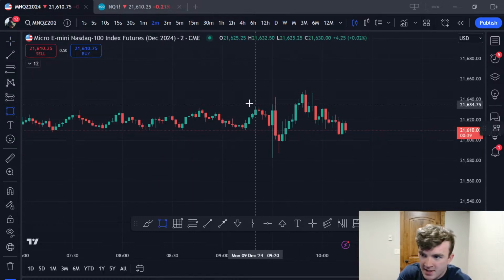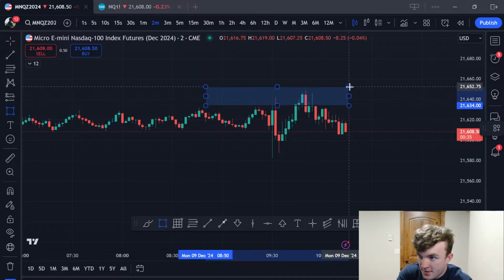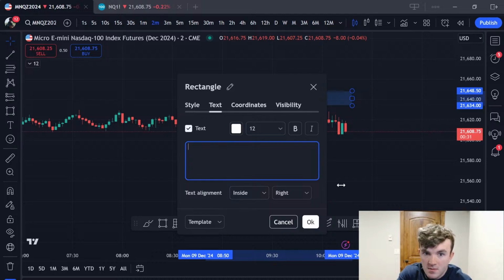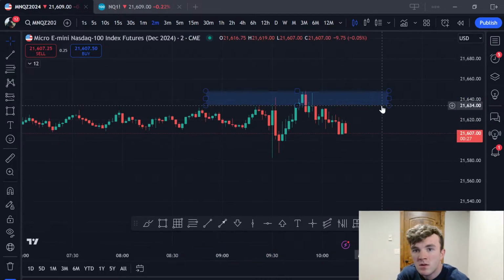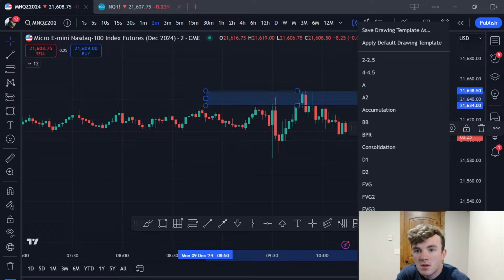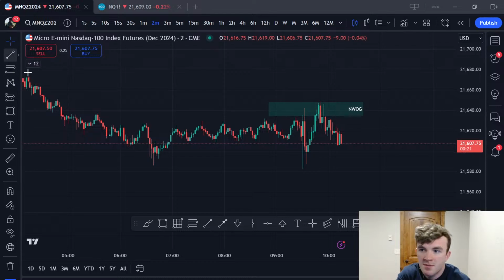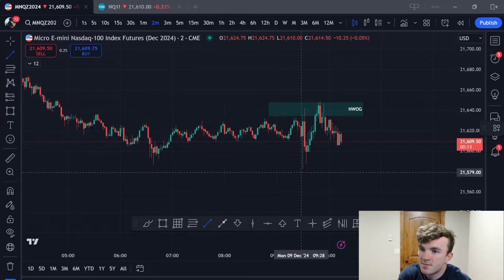I mean, it's exactly like we were thinking, right? Reaction off of this. But also we have that bullish S&T, and we have bearish S&T.